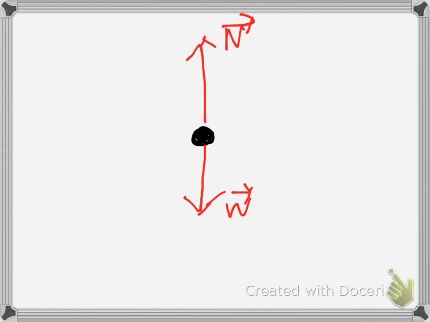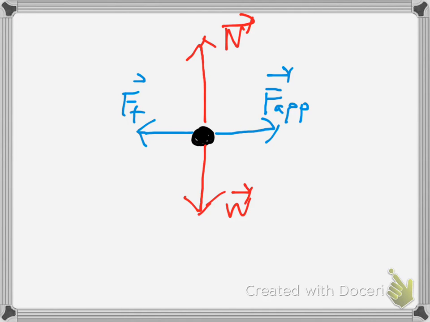And then on my x-axis, we have the applied force to the right, and balancing out the applied force is friction, which you can write as Ff.